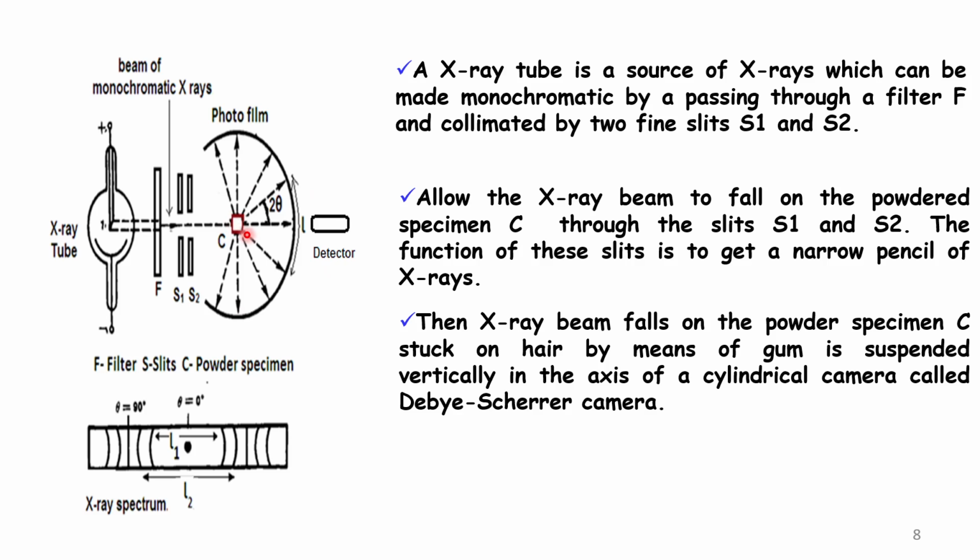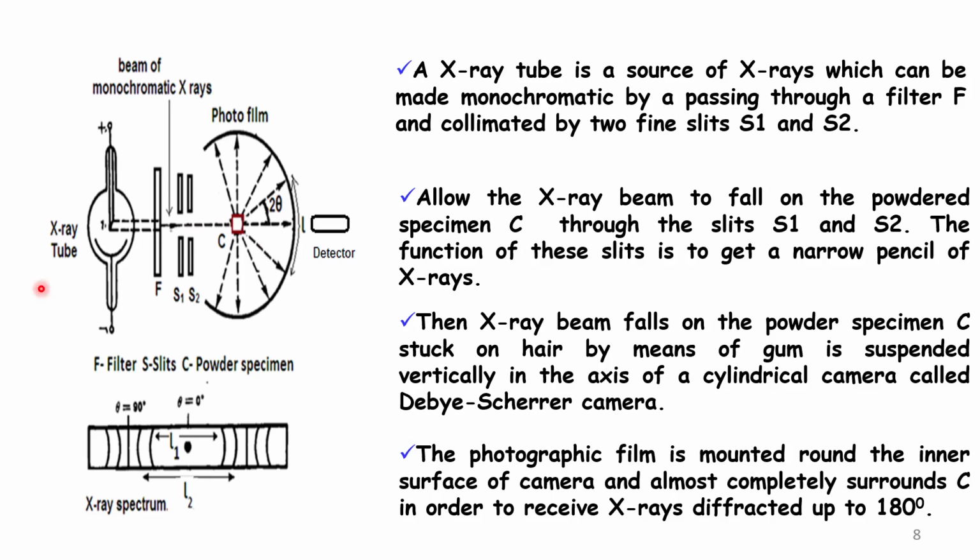It is suspended vertically in such a way that its position is in the direction of the incident beam of the radiation. The photographic film is mounted around the inner surface of the camera, and it almost surrounds the specimen.